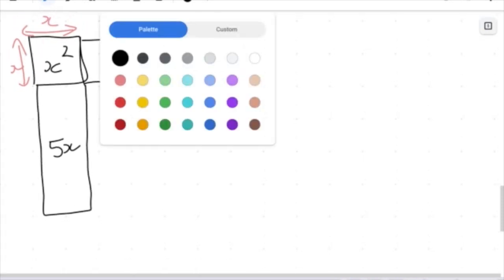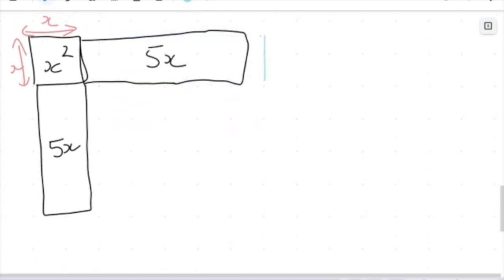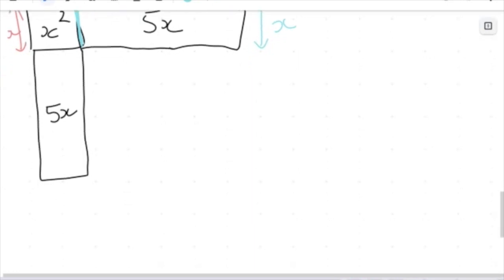And remembering my dimensions here are still x because this fit perfectly onto here. So my x dimension is going to be the same as this x dimension on my other square. And I have 5 here because what multiplies by x to give me an area of 5x has to be 5. So here I also have 5 by x.